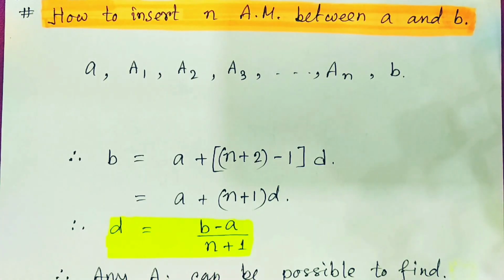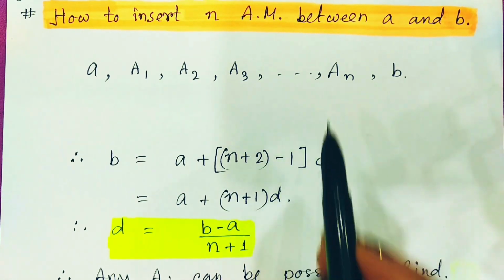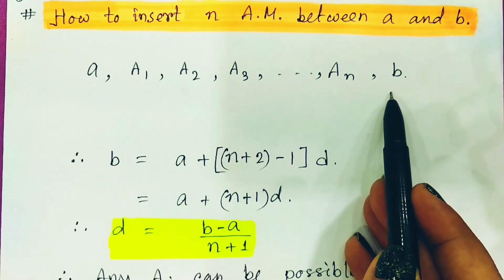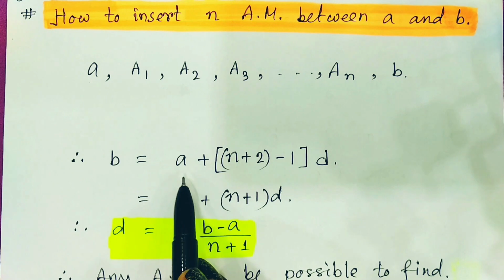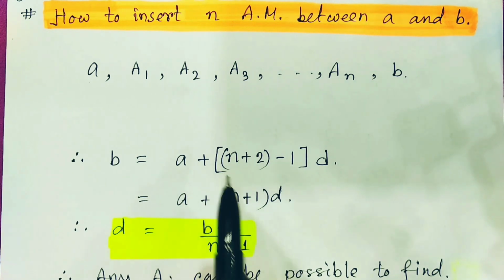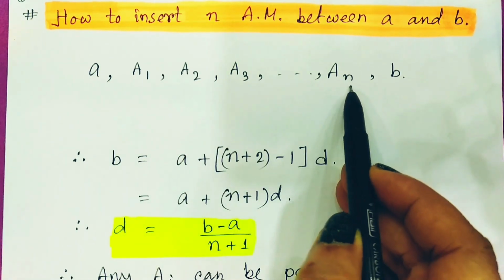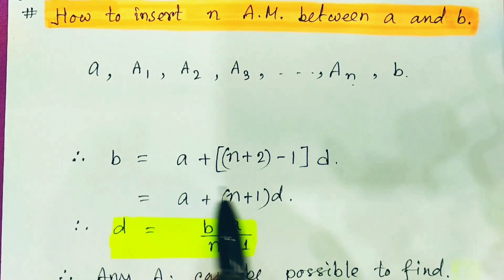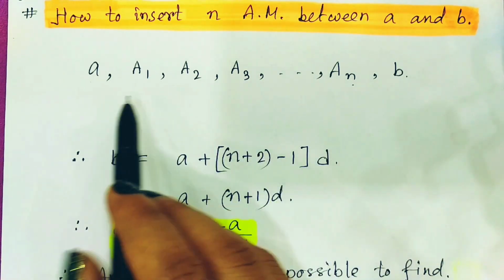For insertion, let A1, A2, A3 up to An be the n arithmetic means which we are supposed to insert between A and B. We know that the last term is the first term plus (n minus 1) into d, where d is the common difference. Here n terms we insert, and two numbers are already there, so the total number of terms is n plus 2.